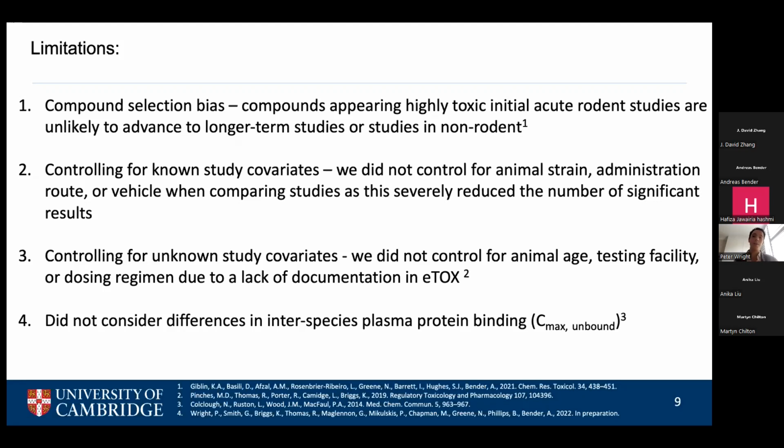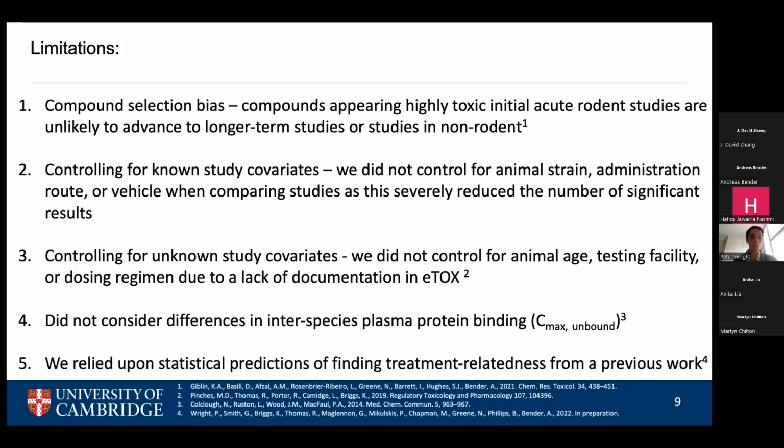So using a measure of exposure such as Cmax unbound would have been better, the best way to control for exposure differences. And finally, we relied upon statistical predictions of finding treatment relationships from a previous work. As in eTOX, the original study designation of whether a histopathology finding was treatment related or not treatment related was generally scarcely reported. So we had to rely on some statistical predictions for this work.